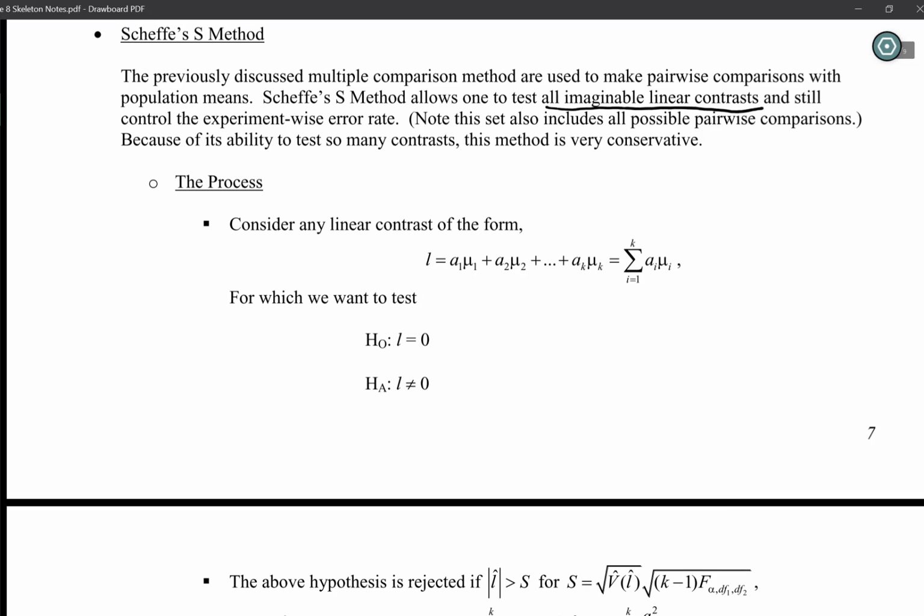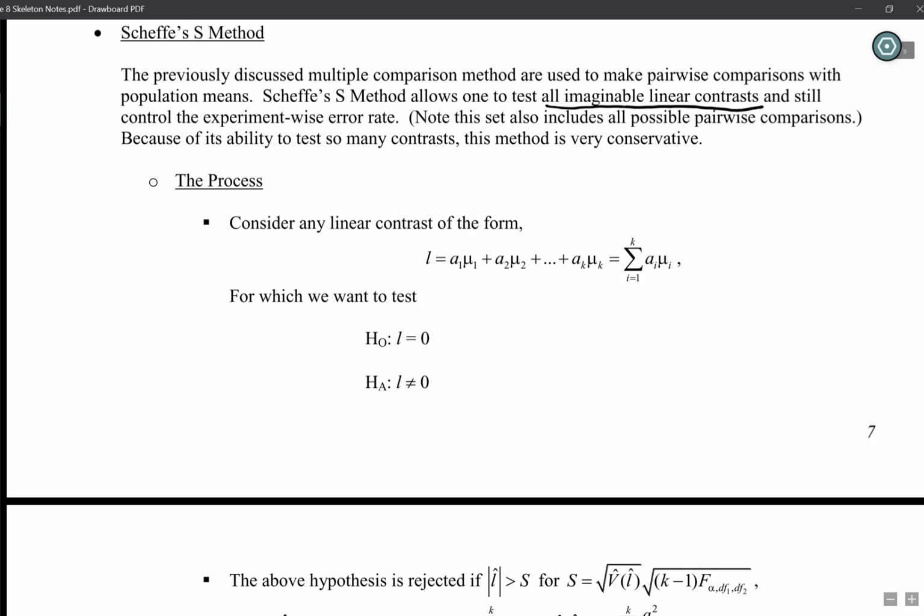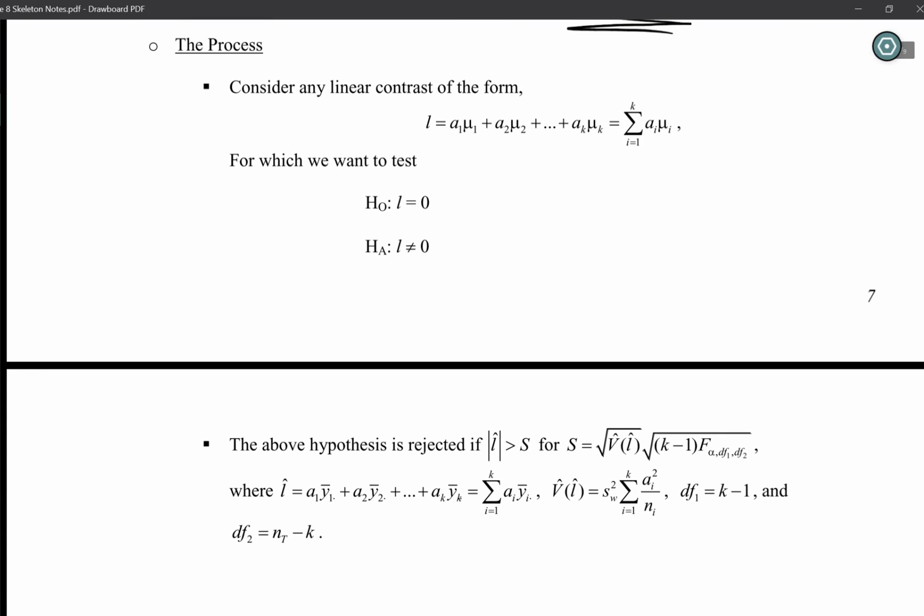Scheffé's method allows you to compare as many linear contrasts as you want, and it still controls the experiment-wise error rate. Now, because of its ability to test so many contrasts, this method is very conservative. That is, it may miss out on a lot of significant differences that other procedures wouldn't, because it's so conservative.